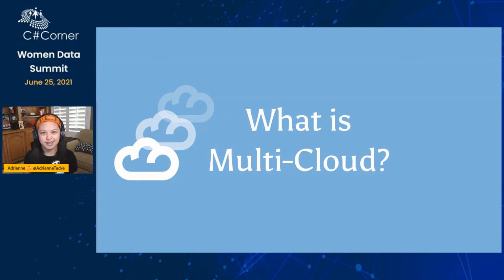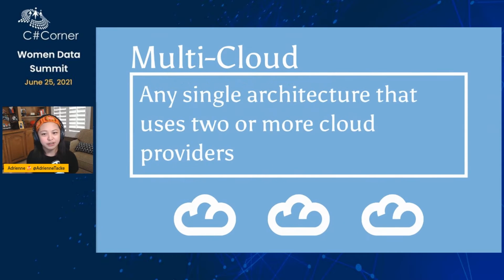So what is multi-cloud? If you just look at the words, it seems pretty self-explanatory. Don't doubt yourself, because it's probably the right definition in what you're thinking. Multi-cloud, at least for our purposes, and for the most generalized definition, is any single architecture that uses two or more cloud providers.